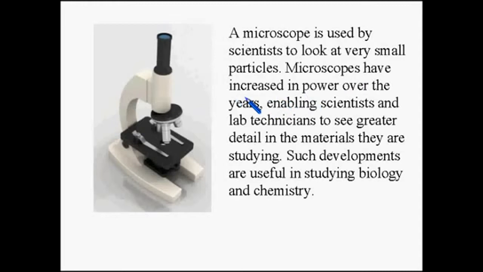Microscopes have increased in power over the years, enabling scientists and lab technicians to see greater detail in the materials they are studying. Such developments are useful in studying biology and chemistry.